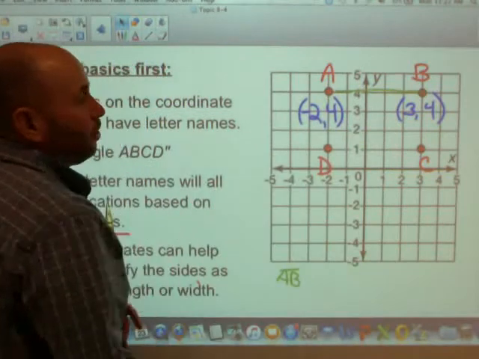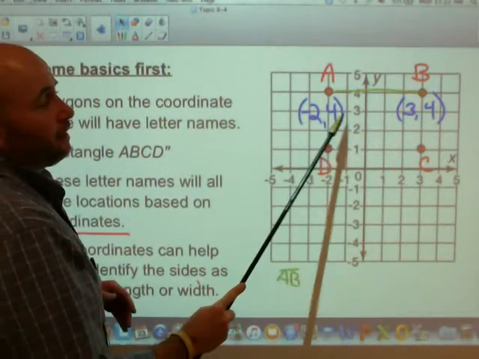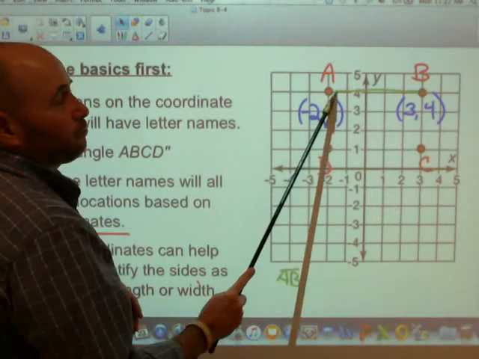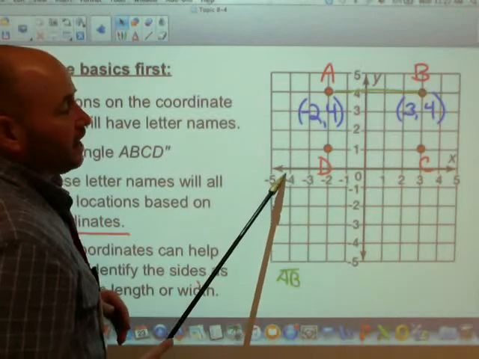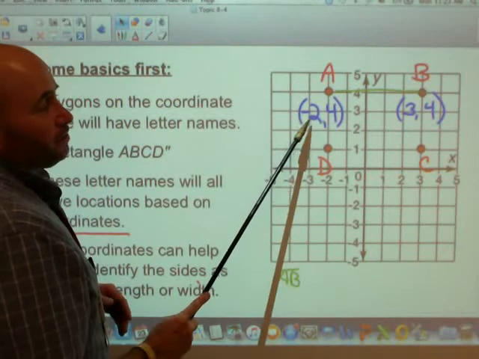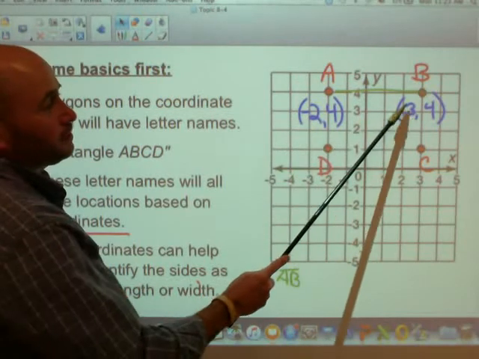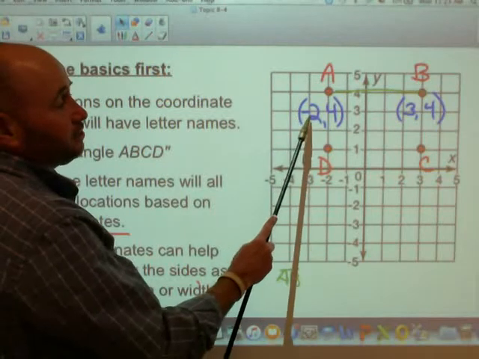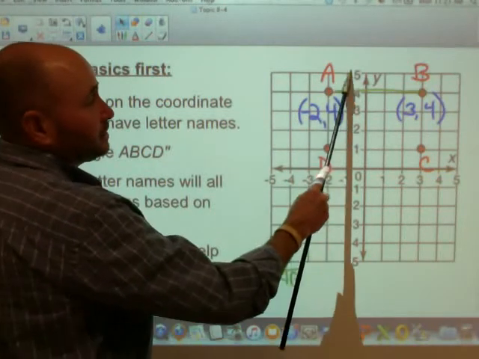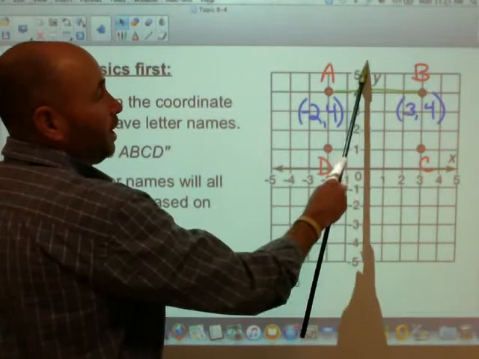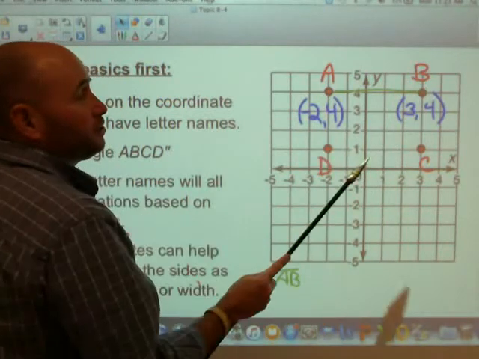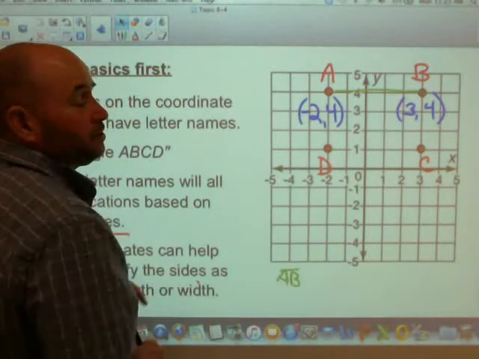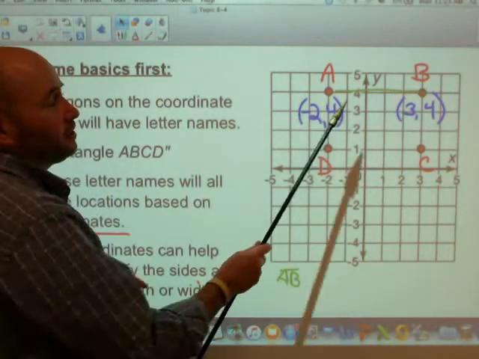Okay? So knowing that they both have the same y coordinate, you know that they will be parallel to the x-axis. Now, you can also tell that they are in different quadrants because this is a positive and this is a negative. So you can then know that if you're going to find the distance from here to there, you're crossing an axis, which means you're going to be adding the absolute value of those two numbers, okay? So you can tell a lot by that.